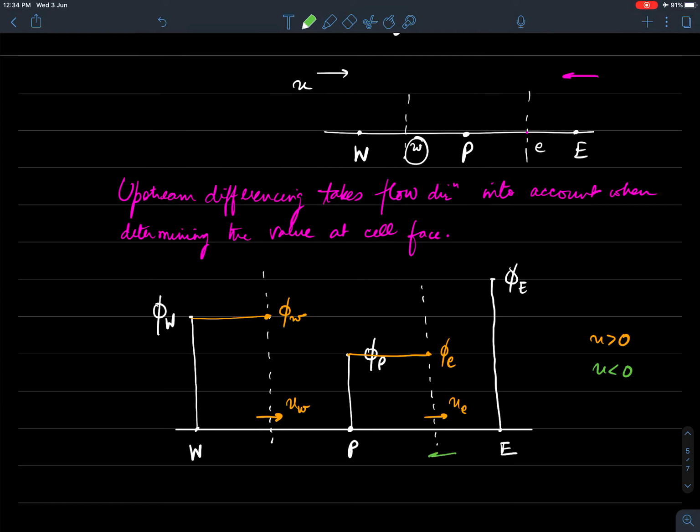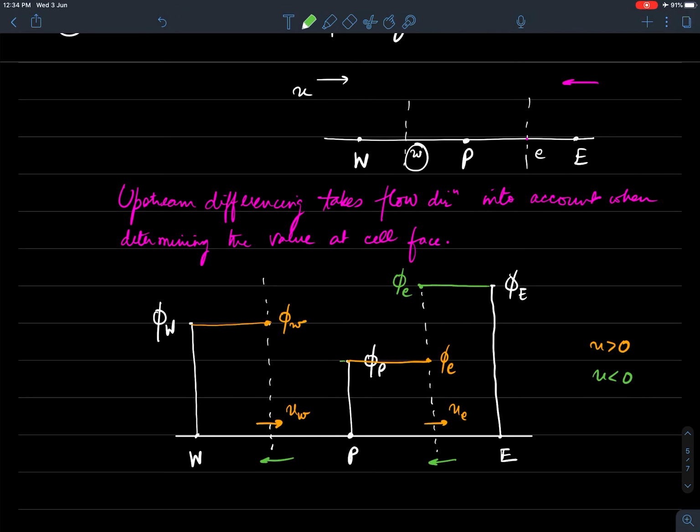But let's say we have U less than 0, in which case the flow is going from right to left. In that case, the value at E will become phi E, and the value at W will become phi P.